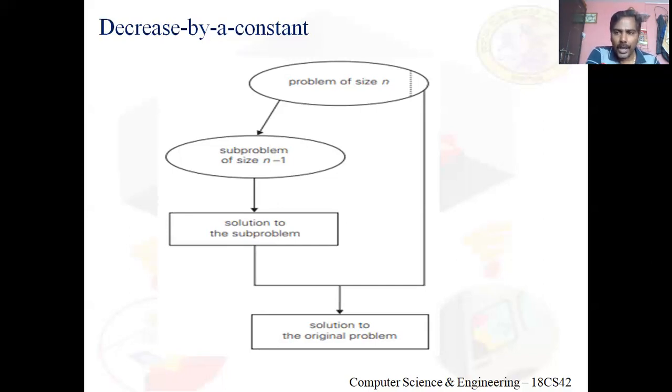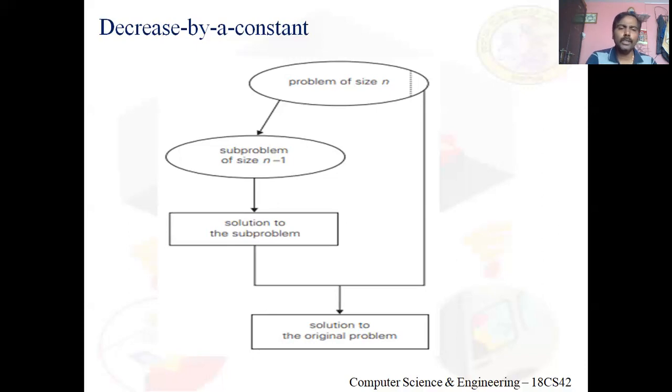The solution I got for this subproblem is nothing but a solution for the given original problem. That's what I said. What does the strategy say? I need to exploit the relationship between a solution to the given original problem and a solution to the subproblem.